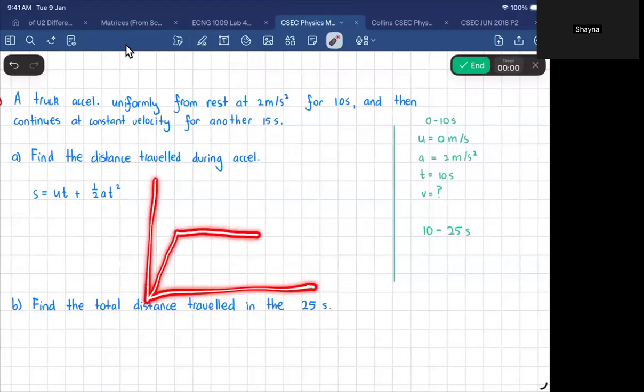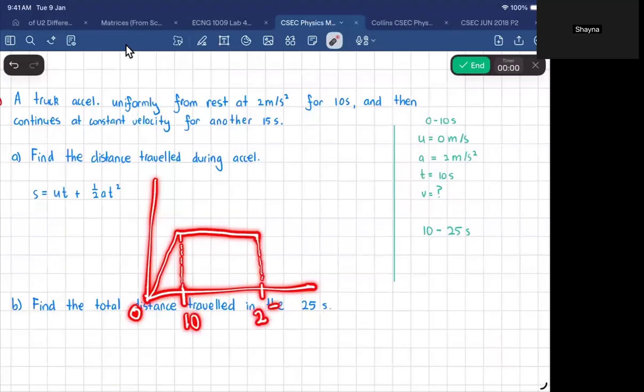For that time period there, it's going at a what? Constant velocity. And that's all that happens. So on the graph, let's try to label it. This would be from 0 seconds. What time do you think this would be? 10 seconds. Lovely.